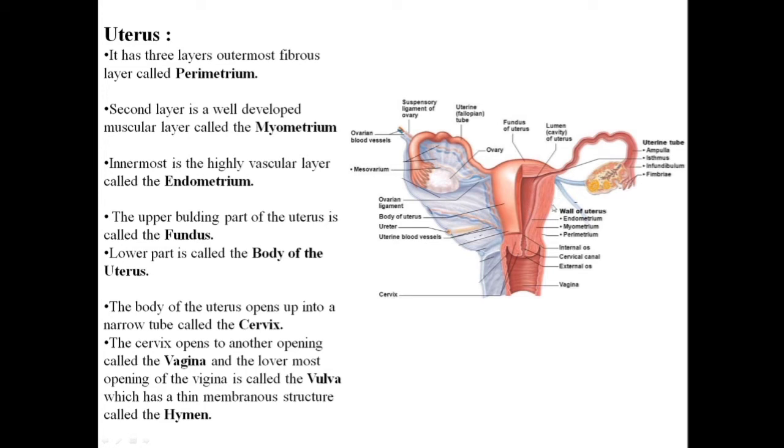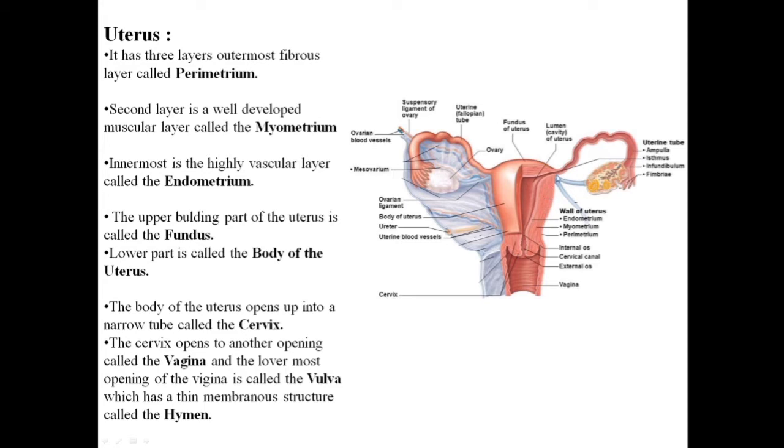The outermost layer is fibrous in nature, so its role is protection, and it is known as the perimetrium. The second layer is a thick, well-developed muscular layer known as the myometrium. So this is the middle layer.